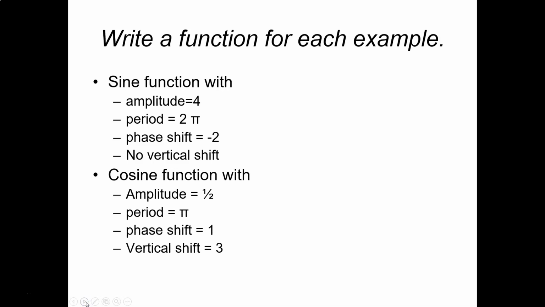Okay, so now we are going to write functions given that we know parts of it. Some of this is super easy, and some of it is a little more difficult, right? So we have a sine function. I'm going to go ahead and say y equals a sine of b, I'm going to use a theta right here, plus c.